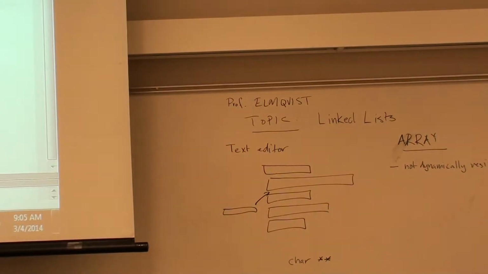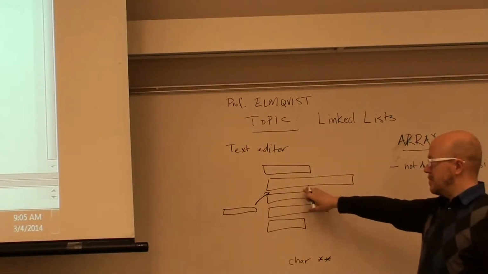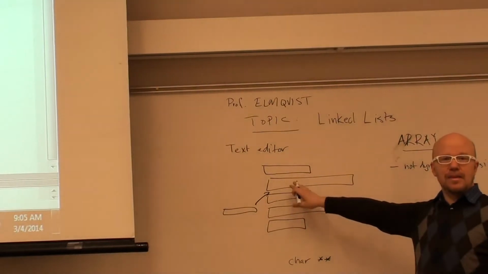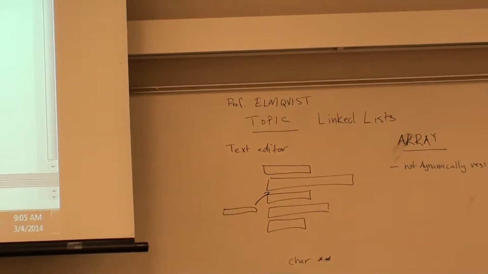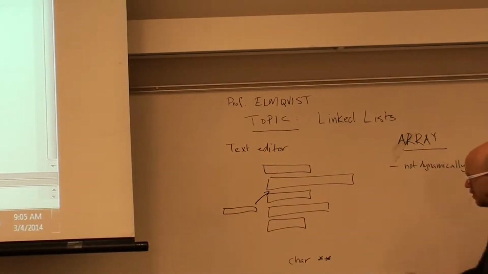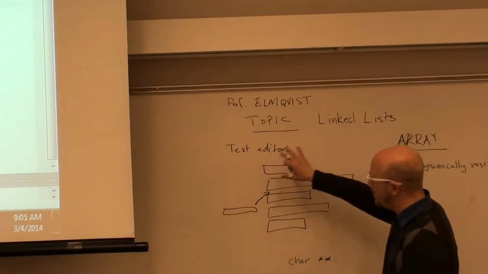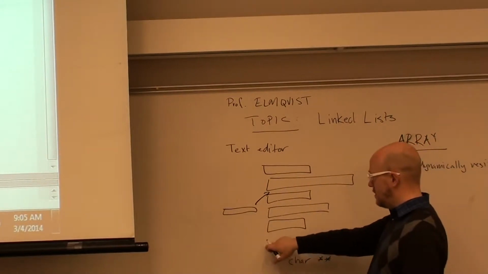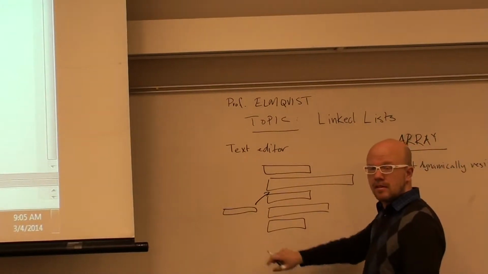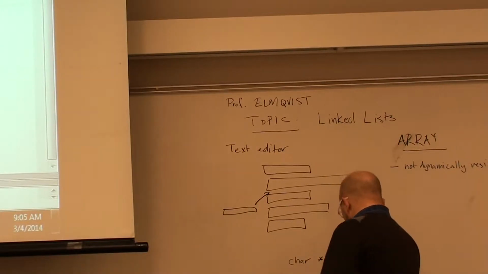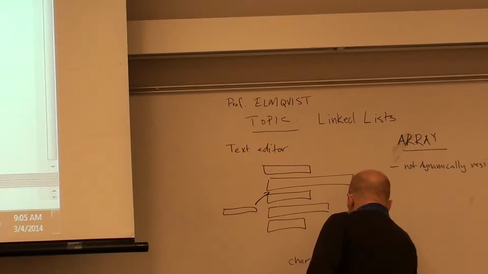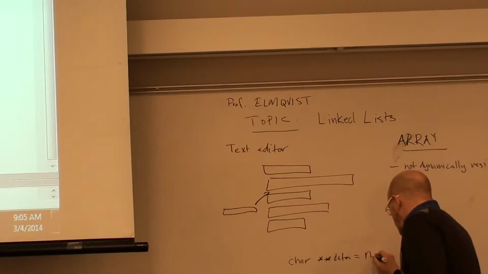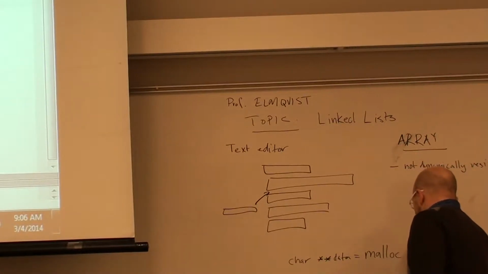So if my user, for some reason, adds a line in the middle here, I can't resize this easily. What we end up doing is creating a new copy that is maybe, instead of 5, 6. So I would probably do something like this. If this is my data, I would show you how I would allocate this to start with.